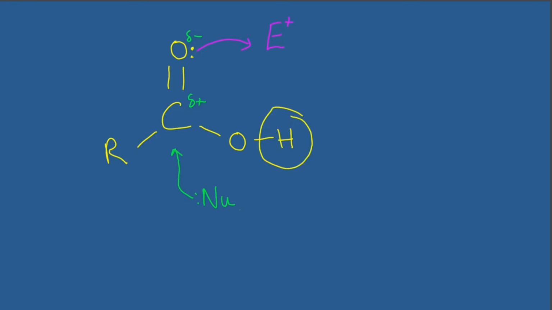These are weak acids, so they're not fully ionized. But the hydrogen could dissociate from the oxygen to form a hydrogen ion, H+. I'll show it as an equilibrium here. So I would have my carbonyl and H+.